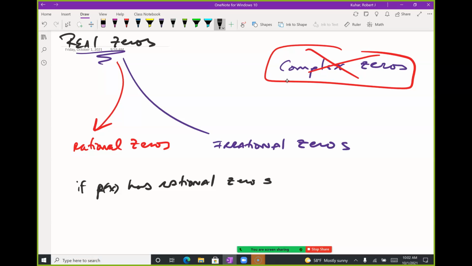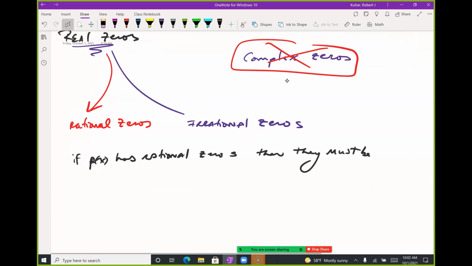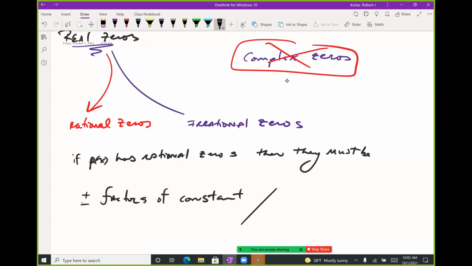If P of x has rational zeros, then they must be plus and minus factors of the constant over factors of the leading coefficient.